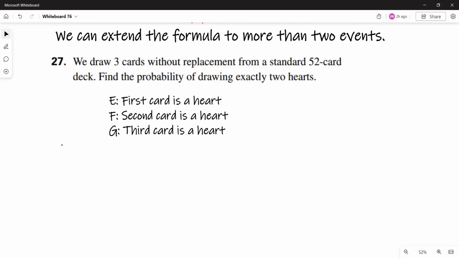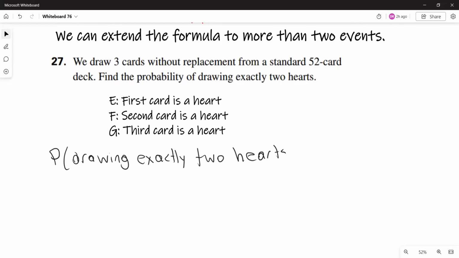So the probability of drawing exactly 2 hearts is going to be, you have three scenarios. That the first and the second one are hearts, and the third one is not.